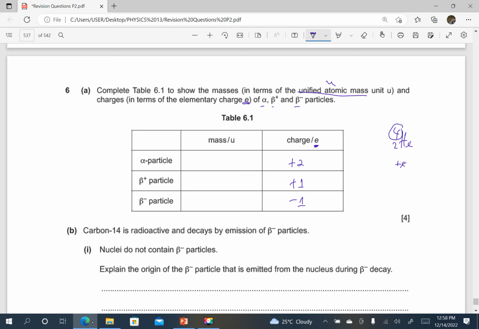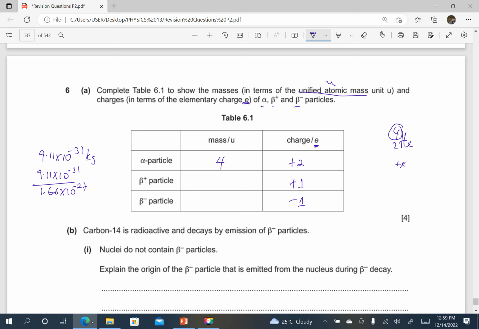Then the mass. An alpha particle is a helium nucleus, so this is 4u. Beta particles are fast-moving electrons. Their mass is 9.11 times 10 power negative 31 kilograms. In terms of u, we divide by 1.66 times 10 power negative 27. So 9.11 times 10 power negative 31 divided by 1.66 times 10 power negative 27.